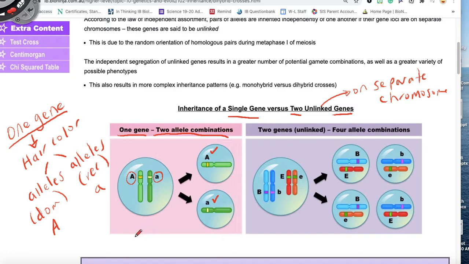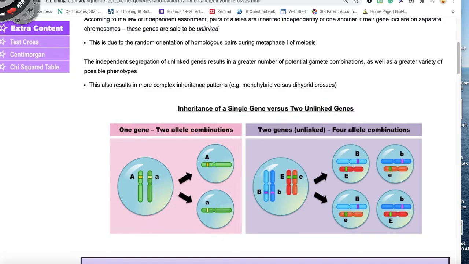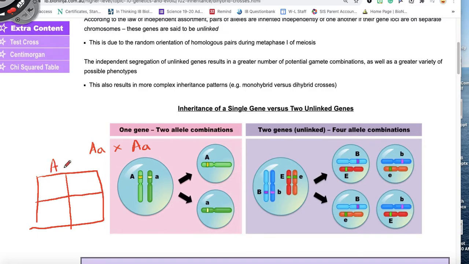Okay, so in other words, what this is saying is, let me erase this. What this is saying is, what happens when you cross this with this, right? And you know how to do this, right? You know how to do this because you just do a monohybrid punnett square. Okay, we have one gene and two alleles on two separate chromosomes.